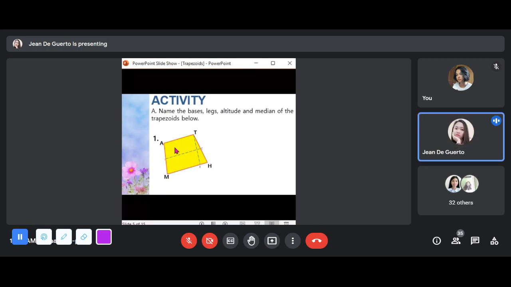Okay, so those are the legs, side AM and side TH. How about the altitude? So meron na lang tayong dalawang segment dyan. Segment IC and segment TE. Alin sa dalawa ang altitude?